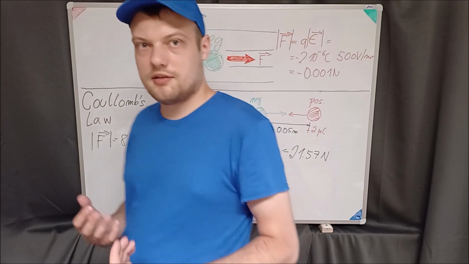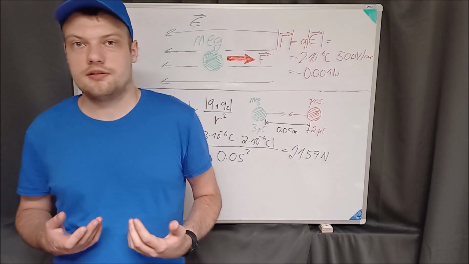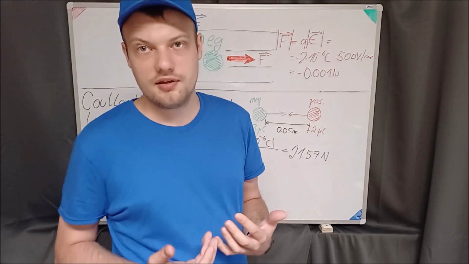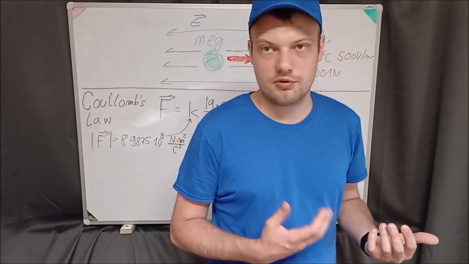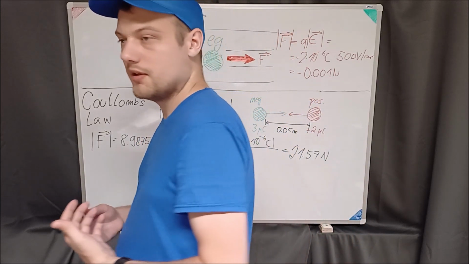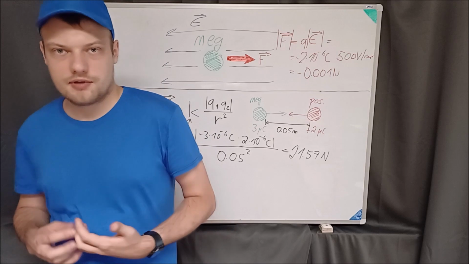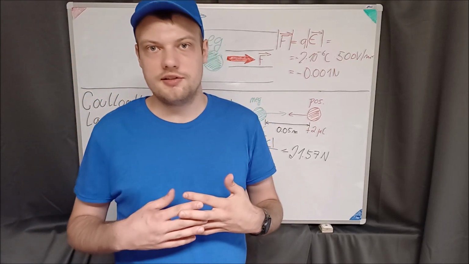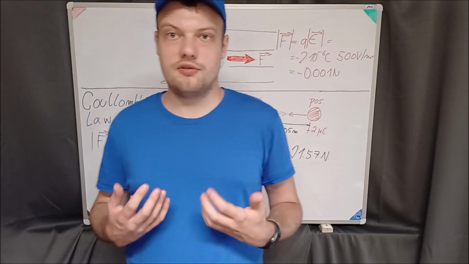Now let's talk about the signs. What does the sign in the formula actually tell us? Simply put, if the charges have the same polarity, both positive or both negative, the resulting force is repulsive. If they are opposite, one positive, one negative, they attract each other. This comes directly from Coulomb's law.